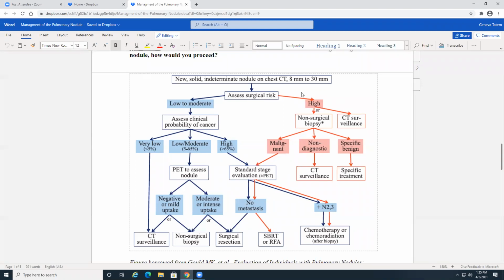You've assessed her risk. So she's already over here, right? You already know you're not going to do biopsy. So what are you left with? CT, maybe PET, if you really want to put yourself out on a limb.